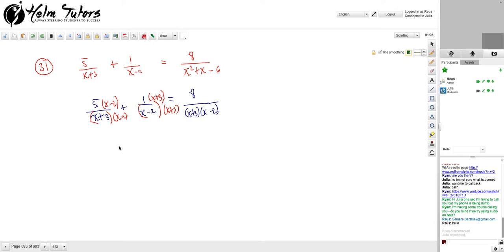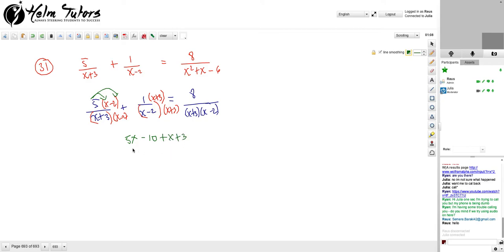From there, exactly. And we could probably at the same time distribute the constants in front, right? So it would be 5x minus 10 plus x plus 3.